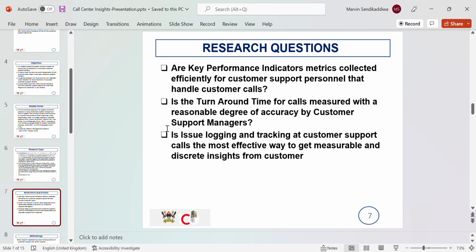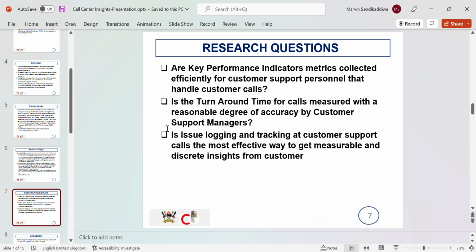One, currently in the key performance indicators, is the KPI measured accurately for customer support personnel? If you compare with the existing way this is being done, there's still manual work involved, and it's still hard to quantify the work that customer support personnel has done.